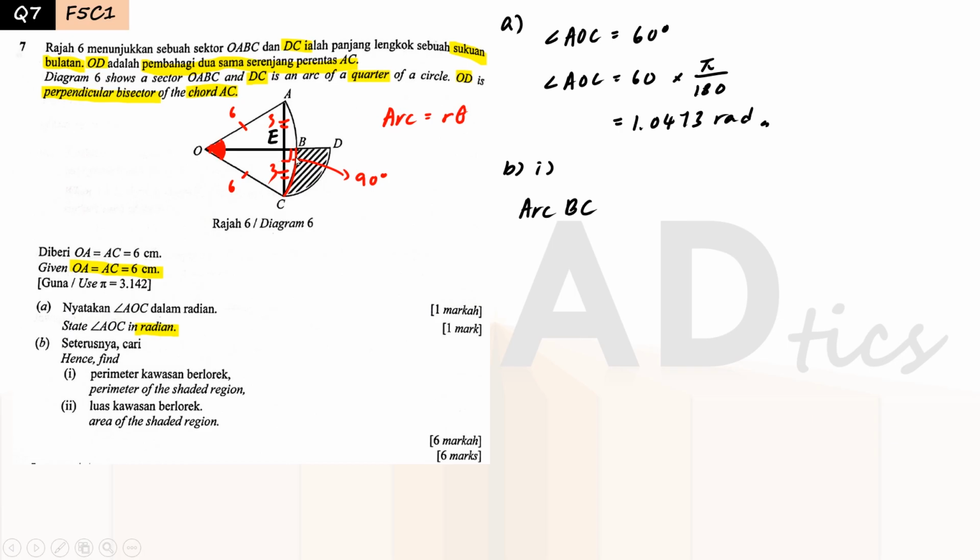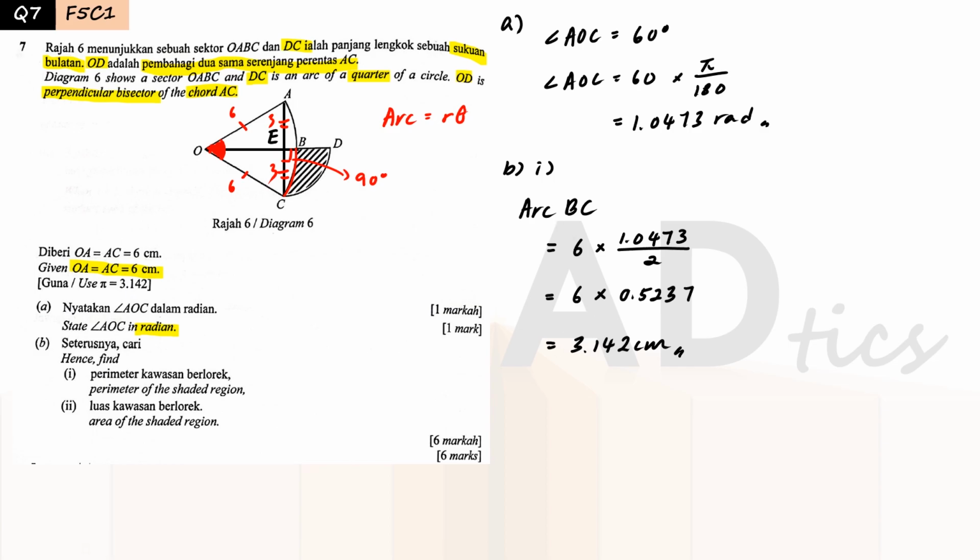So going back here, this arc belongs to this sector OAC, and the radius here is 6, so let's multiply 6 first. Okay, and then the angle here should be from BOC. BOC is actually half of the angle that we have gotten just now, which is this 1.0473. So to find the half angle here, we just divide by 2, right? And then we multiply to get the length of arc BC.